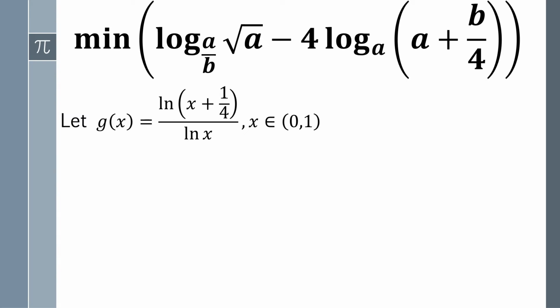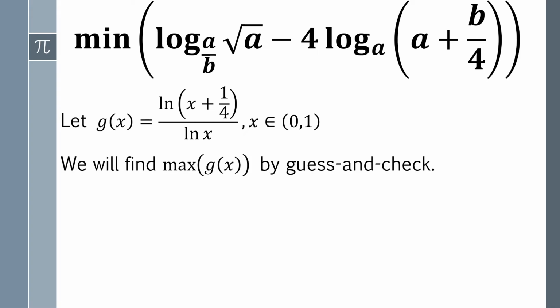However, in this question, the log function appears on both the denominator and the numerator. After the derivative test, it generates a transcendental equation whose solution is not obvious. So here, I'm going to do guess and check to find the maximum value. If you are able to find a different method, please leave a comment.